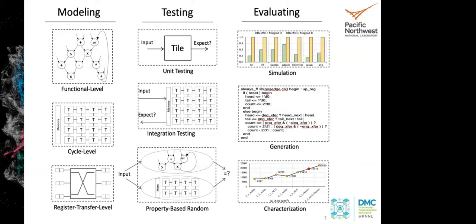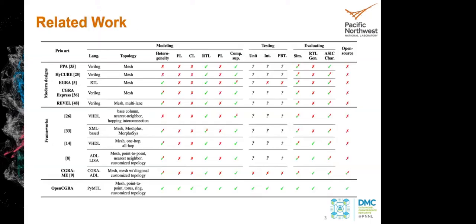So to perform the evaluation, a CGRE framework should be able to simulate a design, generate corresponding synthesizable Verilog, and perform the area, power, and timing characterization. However, not all these features are exploited by existing frameworks. In contrast, OpenCGRE incorporates all these features into a unified Python-based framework to facilitate the design space exploration of CGRE.